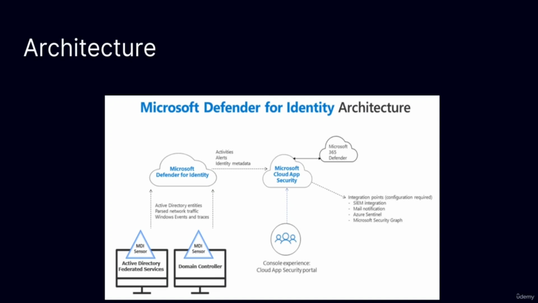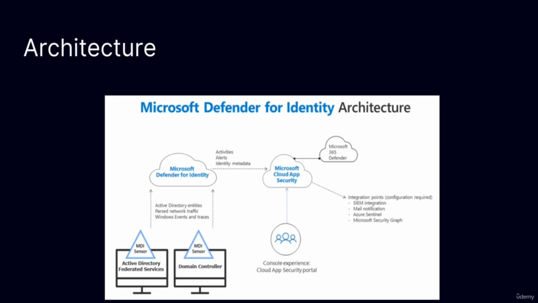It will also receive data about users and computers activity in your Active Directory, such as user sign-in activity and group membership activity. And then finally, it will transfer all the relevant data, not all the data that is parsed in your on-premise environment by the sensors, but the data that could be related to security, to Microsoft Defender for Identity.